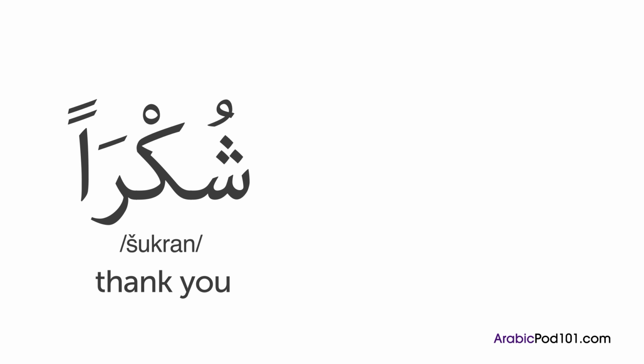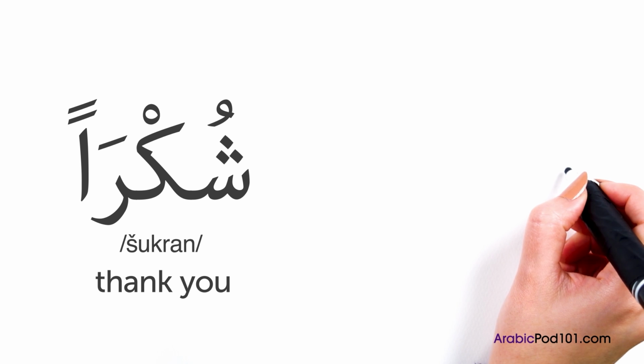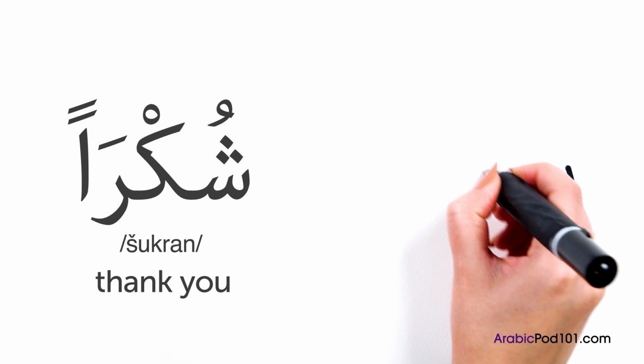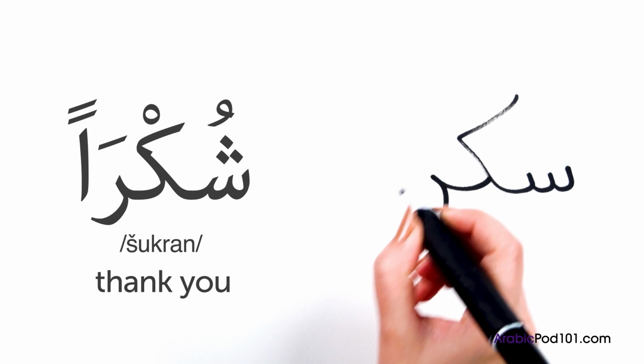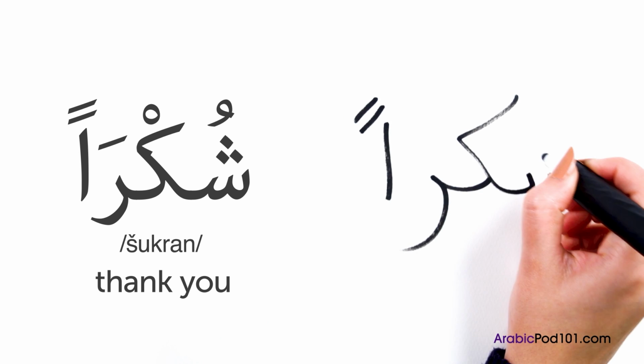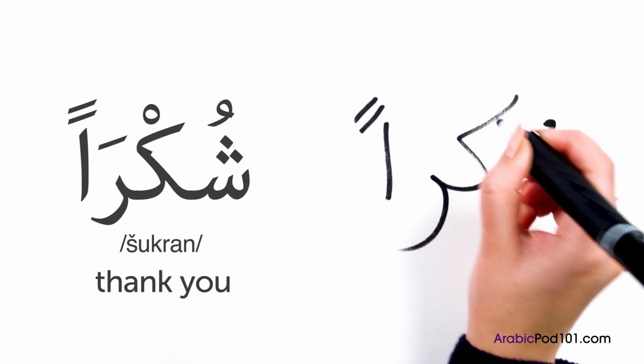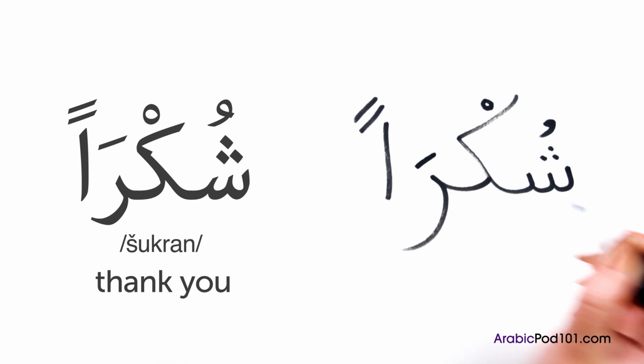Now let's combine all the vowelling signs we learned so far and make some new words. Shukran, thank you, with a dhamma on the Shin, a sukun on the Kaf, a fatha on the Ra, and a tanween fatha on the Alif.